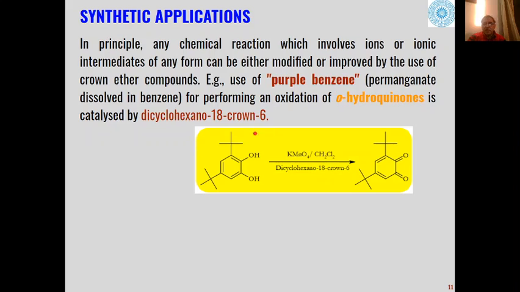For example, in this reaction, which is catalyzed by purple benzene, that is permanganate dissolved in benzene, the ortho-hydroquinones are oxidized to ortho-quinones in the presence of dicyclohexano-18-crown-6 as phase transfer catalyst. So this is a very important reaction for oxidation of hydroquinones.